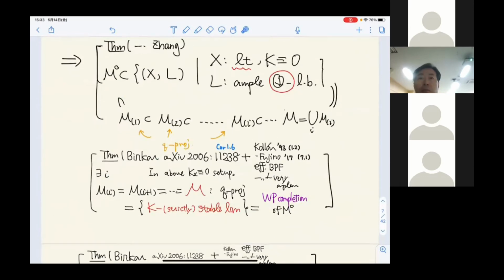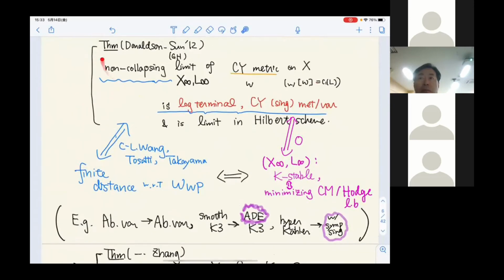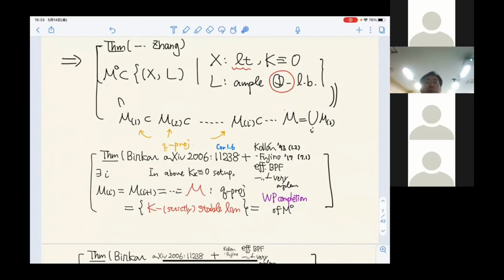Here's a theorem by Yu and Zhang, which follows from this theorem combined with some semi-stable minimal model program, which says that if we collect every non-collapsing limit, it is of this form M.